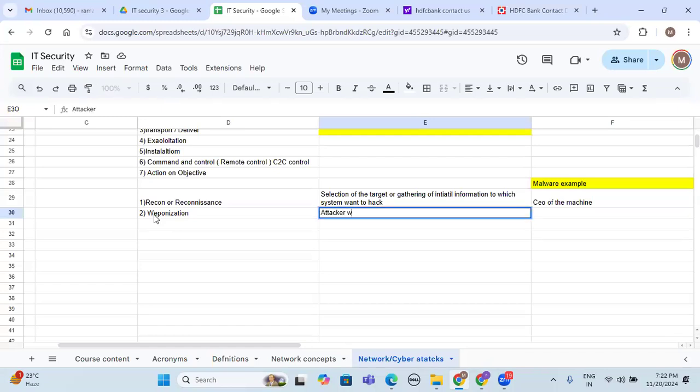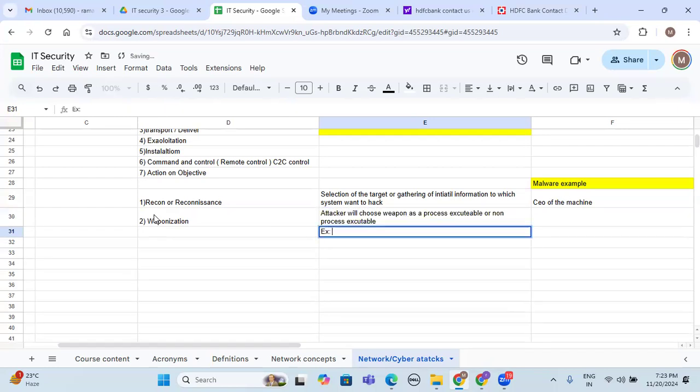The attacker will choose a weapon as a process executable or non-process executable.